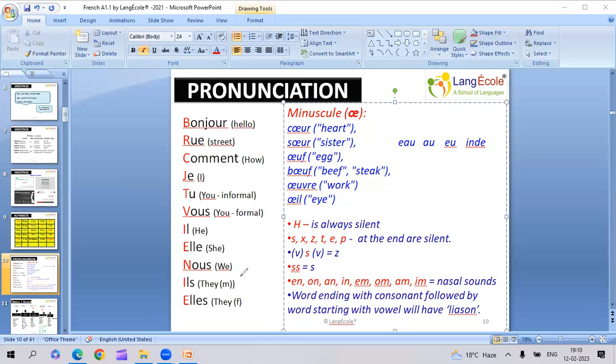What you'll do is read out small sentences and words and try to fit all the learnings that you have done about the pronunciation of alphabets, silent alphabets, the rule of S, double S, the nasal sounds, diphthongs, and the liaison. And then see how it is coming.